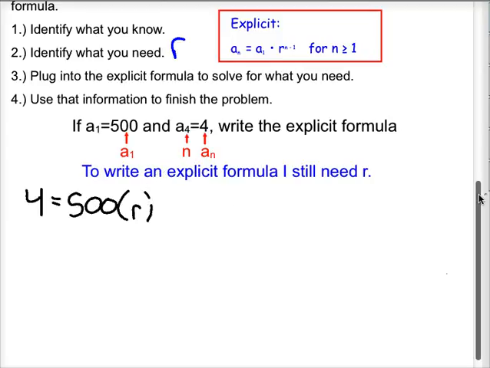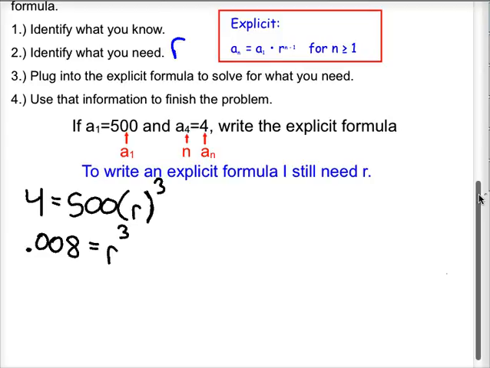That's easy enough. We know what that is, so let's call it what it is, which is 3. Well, now I need to get that r by itself. So the first thing I'm going to do is divide by 500. Okay, so when I divide 4 by 500, I get 0.008. And that's going to equal r cubed.